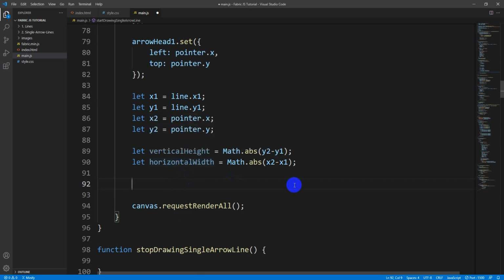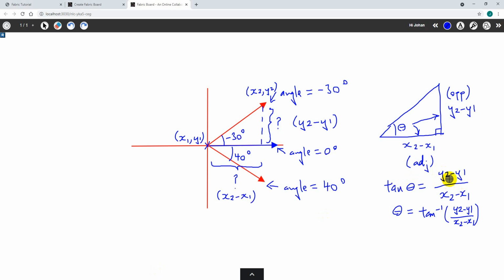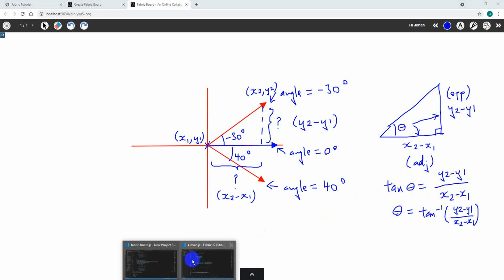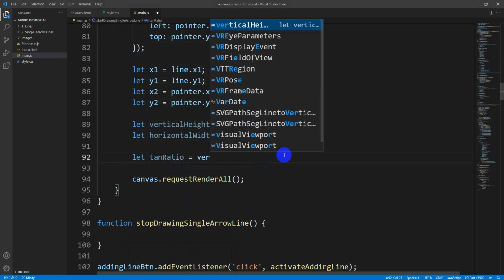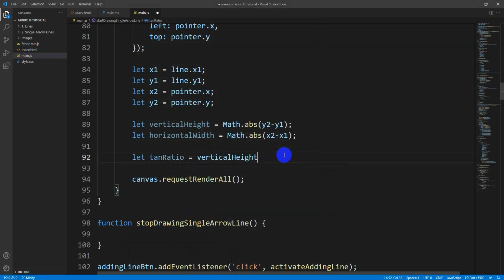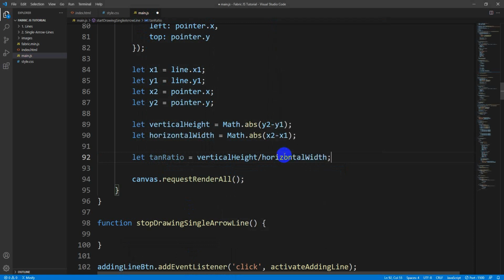The next thing we have to do is to find the value of y2 minus y1 divided by x2 minus x1, which means the ratio, the tangent of this angle. So let the tangent ratio be equal to the vertical height divided by the horizontal width.